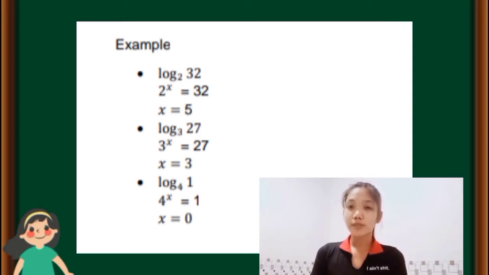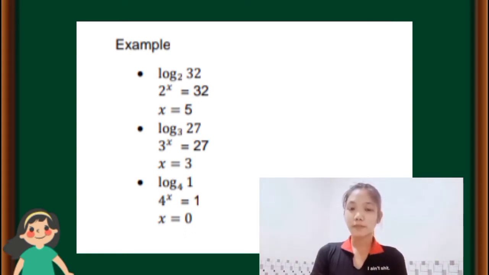So, 2 times 2 is 4, then 2 times 4 is 8, then 8 times 2 is 16, then 16 times 2 is 32. So, makikita natin na limang beses natin siyang inulit. So, ang value ng exponent natin is 5.